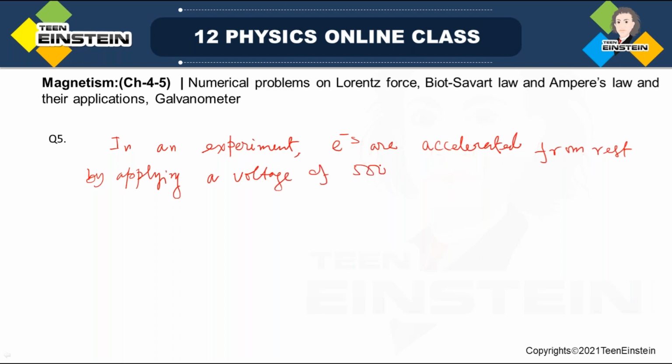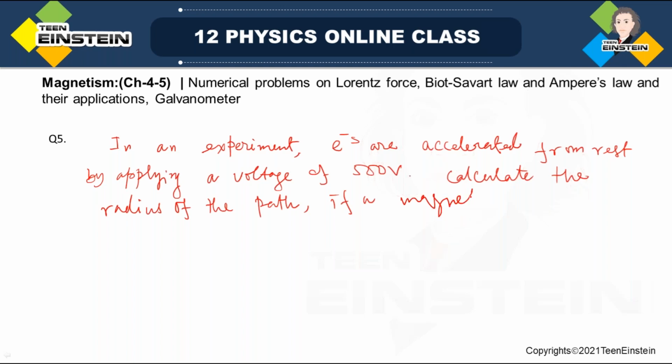Calculate the radius of the path if a magnetic field of 100 millitesla is applied.